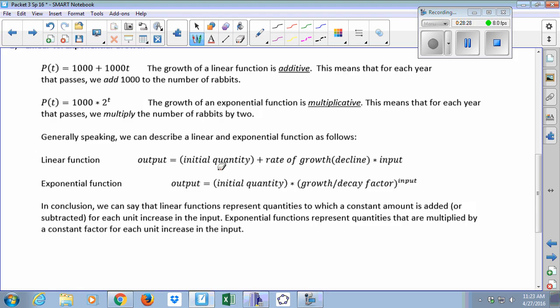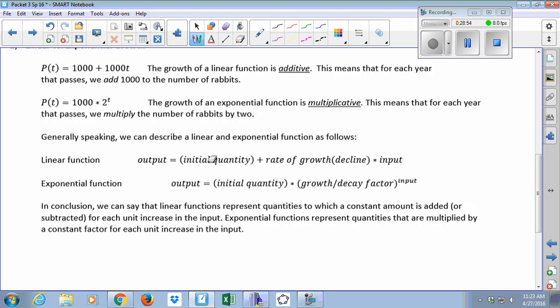This means that for each year that passes, we add 1,000 to the number of rabbits. In this example where we were doubling, we say the growth of an exponential function is multiplicative, right? We know that we can multiply by a number, in this case 2, to get the number of rabbits from one year to the next.